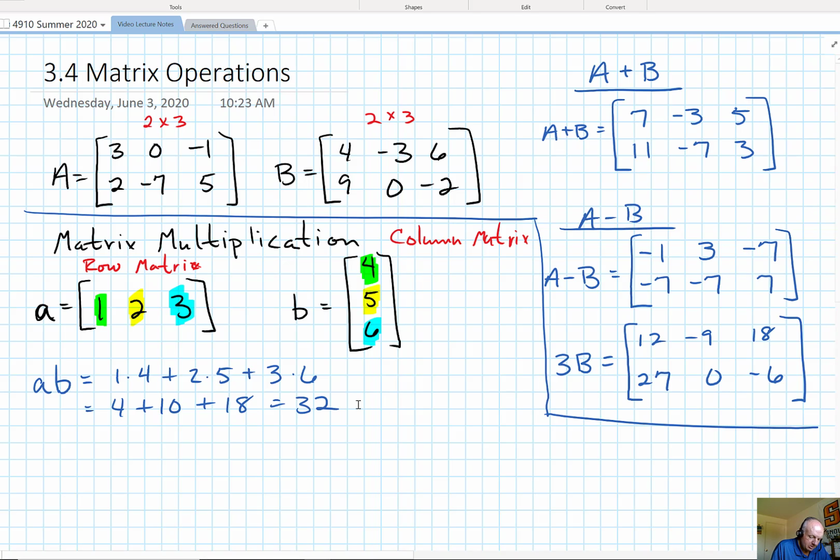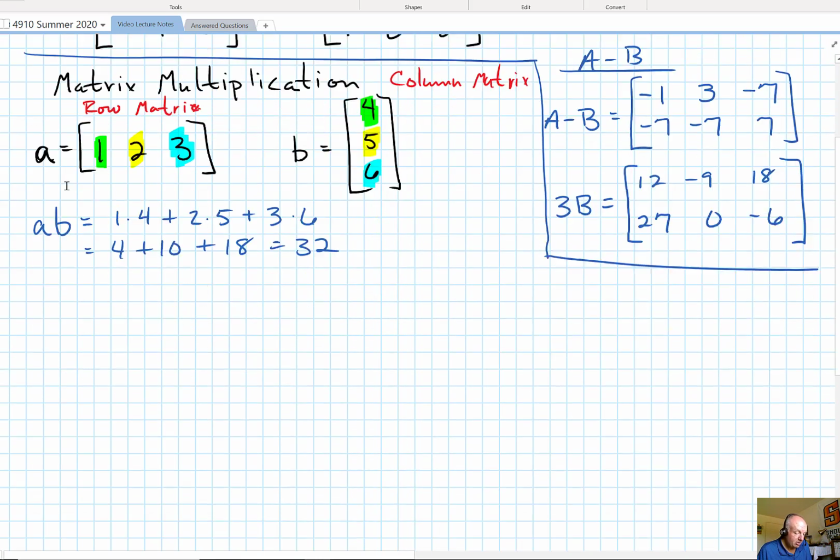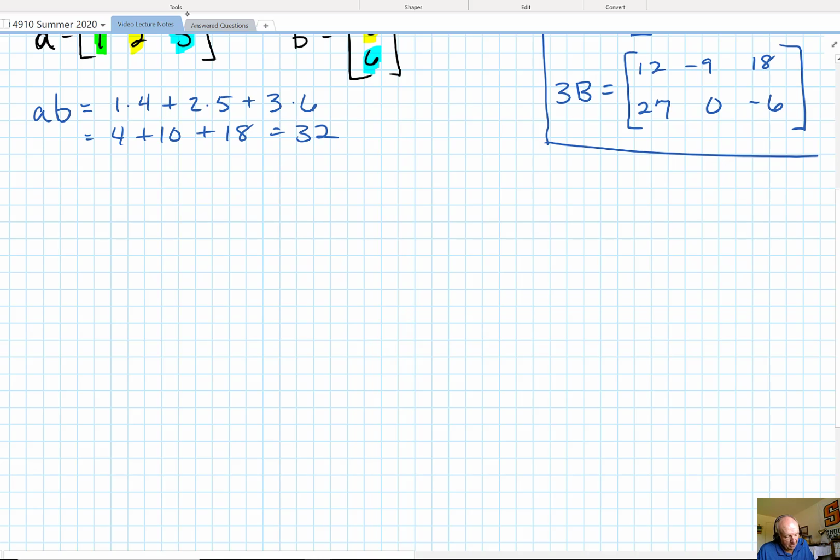Okay. Now we're setting all this up so that we can look at how to multiply matrices. The problem with multiplying matrices is that it looks fairly complicated when it's written down in a textbook.